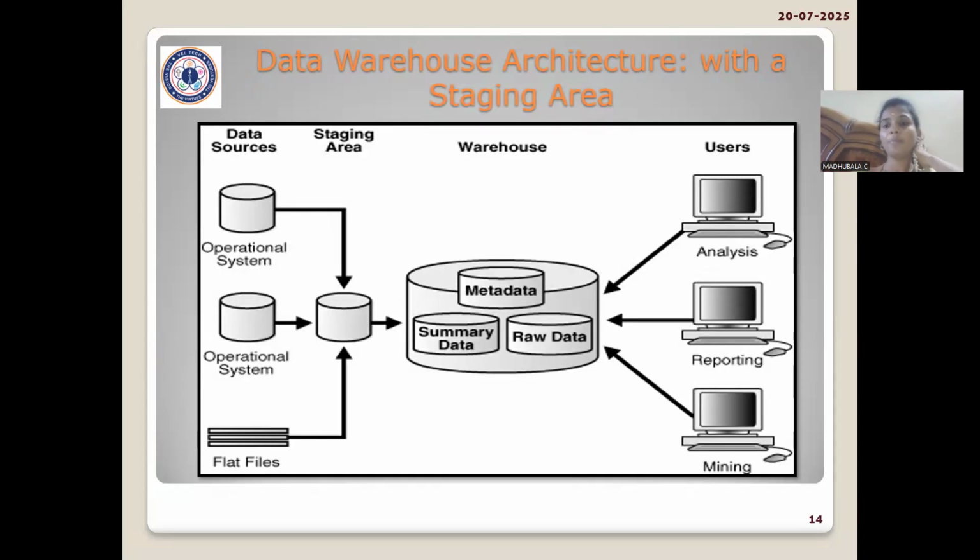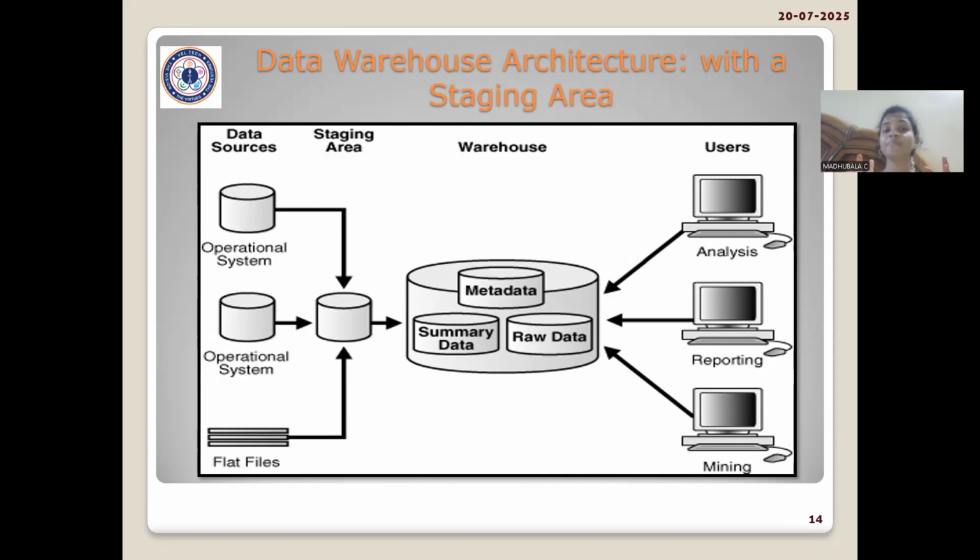Here the operational system's data is extracted, which has to be moved to the warehouse. Operational system 1, operational system 2, and flat files, which can be in different forms, should be transferred to the warehouse process, metadata, summary data, and raw data. That can be accessed by users, like analysis, reporting, and mining.